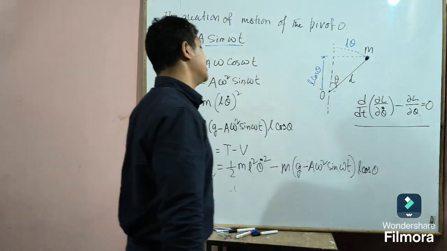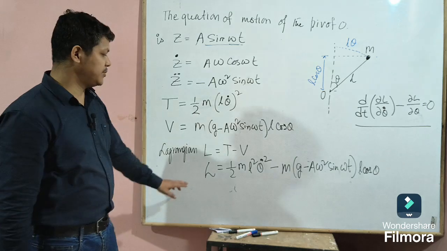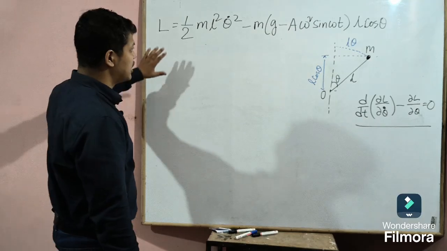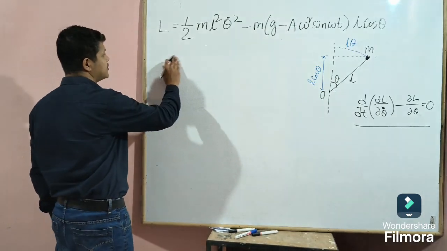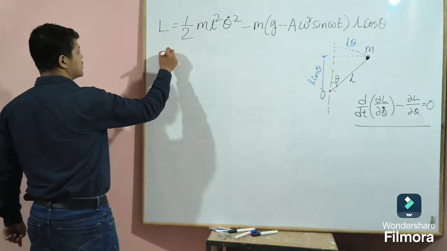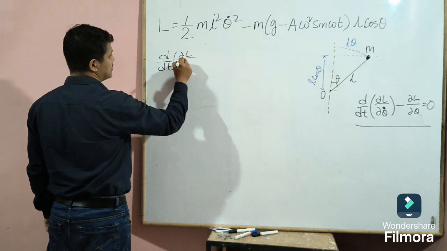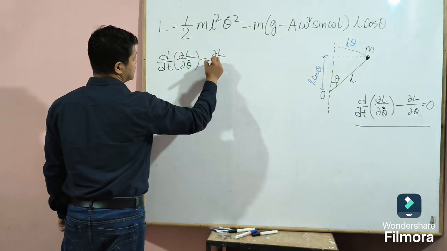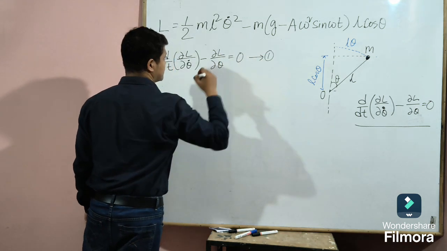So let me keep the Lagrangian only. Pause the video and note it down. We have got the Lagrangian. So now let us use the Euler-Lagrange equation, suppose equation number 1.